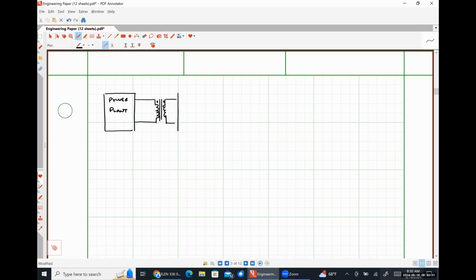Then we have here, I'm just going to call this transmission network. This is usually just a set of wires.